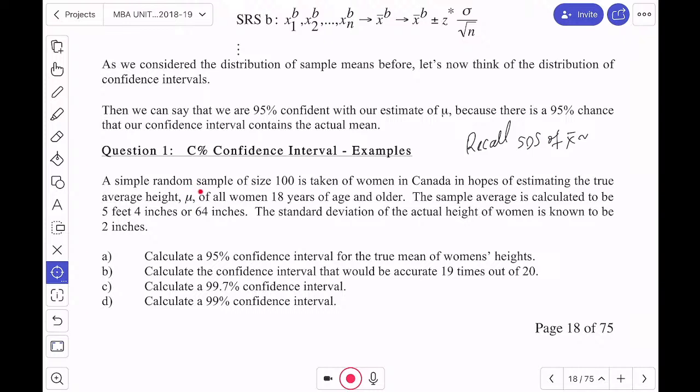Well, we don't know mu. The sample average is calculated to be 5 feet 4 inches, or 64 inches in total. The standard deviation of the actual height of women is known to be 2 inches. Aha, so they gave us this information here that sigma is known to be 2 inches. Now how they know that, I have no idea, but it facilitates making these calculations. So what we have is mu unknown that we want to estimate, but sigma is known.